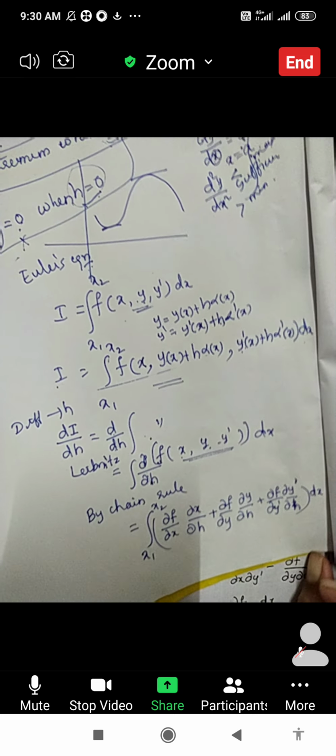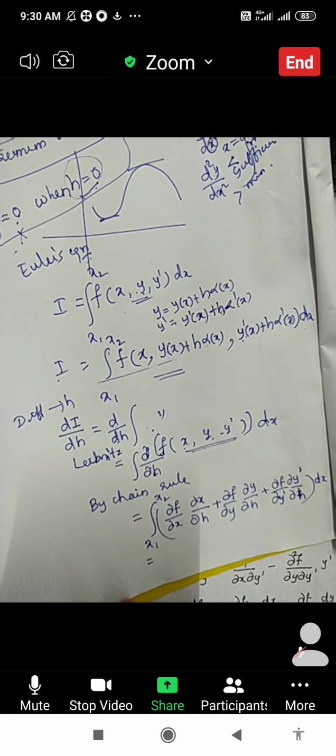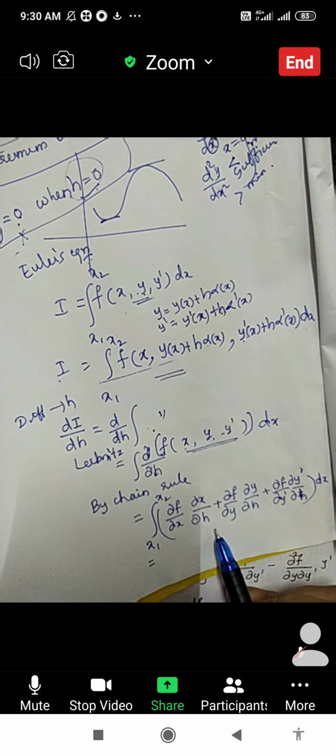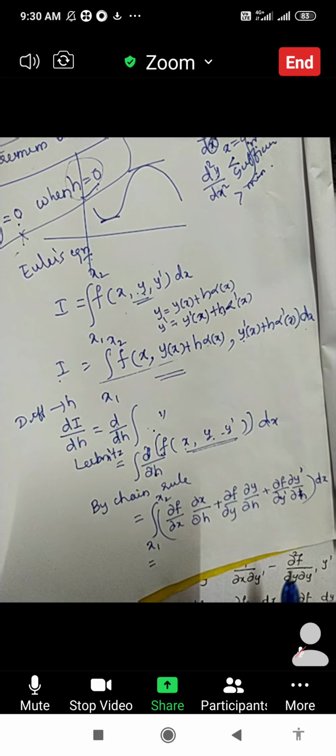After this, let us find the quantities. Now tell me, is x related to h or is h related to x? In all the explanations, have you seen whether h is related to x or not?